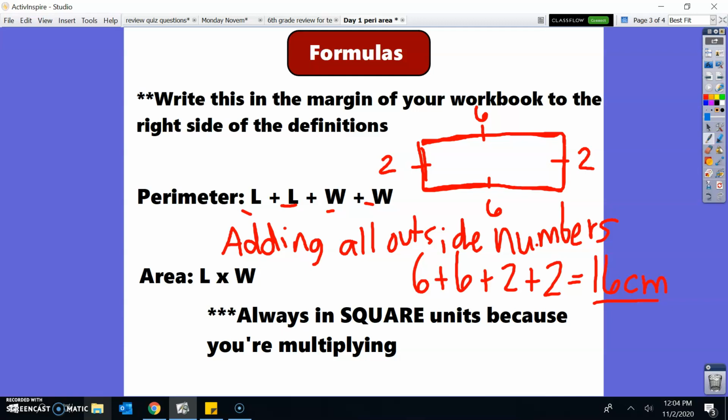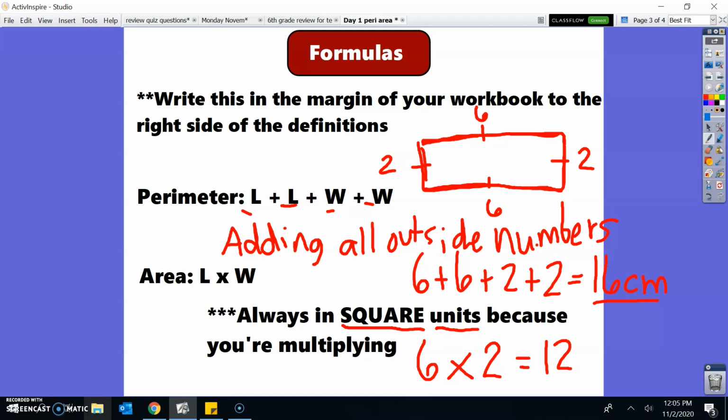Now area is a little bit different. Area, we multiply our length times the width. There is no addition involved. And my answer is always going to be in square units because we're multiplying. So if you look at our rectangle example on page 43, my length is 6 times my width, which is 2. 6 times 2 we know is 12.